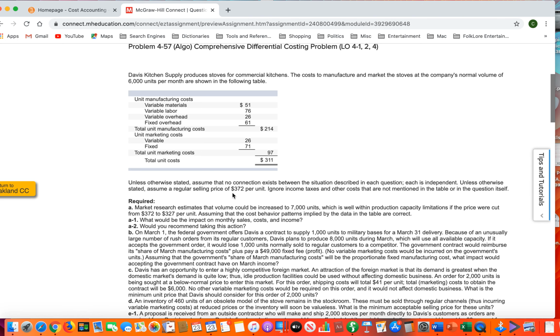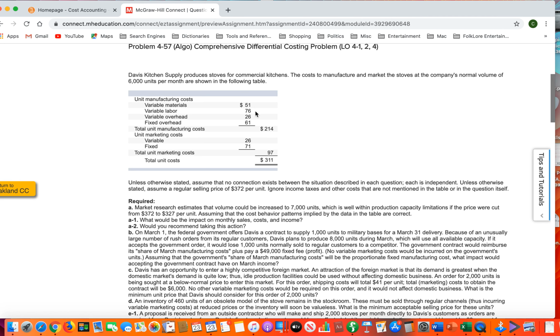Now, what would be your, what does it say here? 7,000 units. Okay, now you're going to take 7,000 times the variable cost that you already figured out before, right? Because all they're doing is changing the selling price and increasing the number of units.